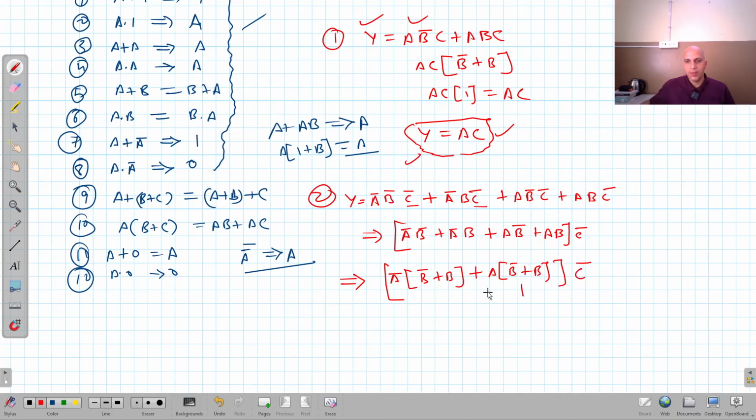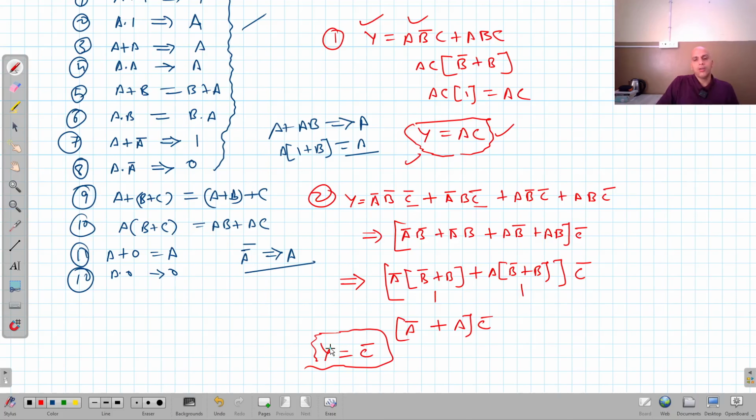Now B bar plus B is 1, so A bar into 1 is A bar, plus A into 1 is A, into C bar. When you simplify A bar plus A as 1, Y is equal to C bar. So you can see how this large expression is simplified, and it is giving us Y is equal to C not. We only need a NOT gate to draw the corresponding circuit.